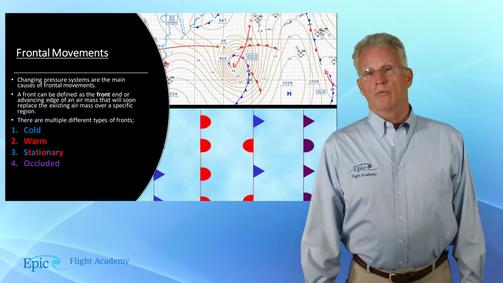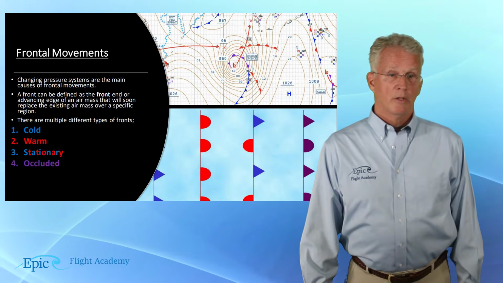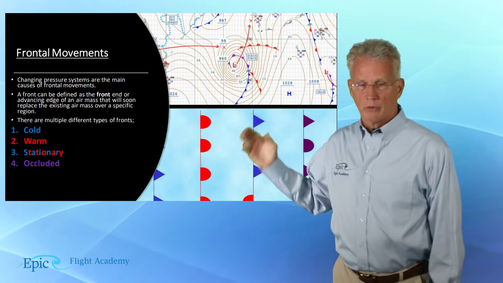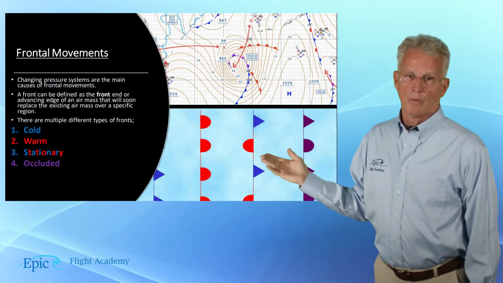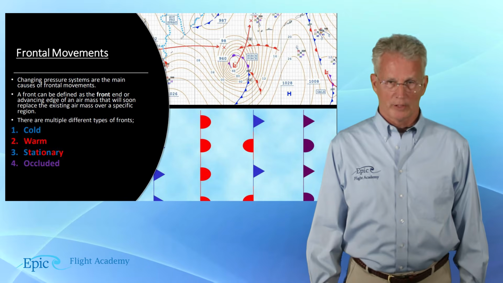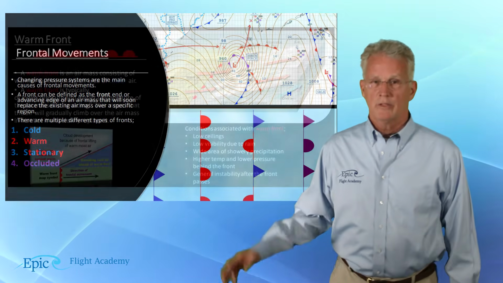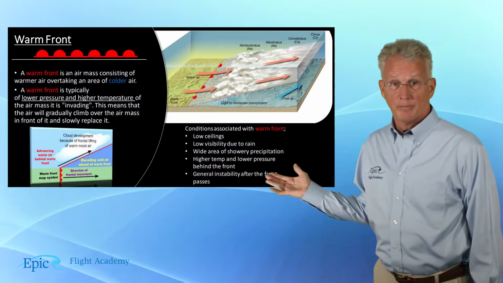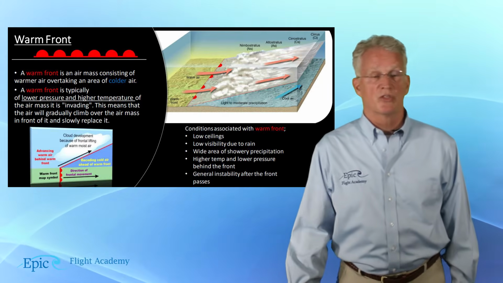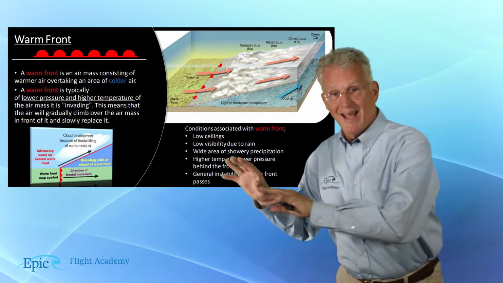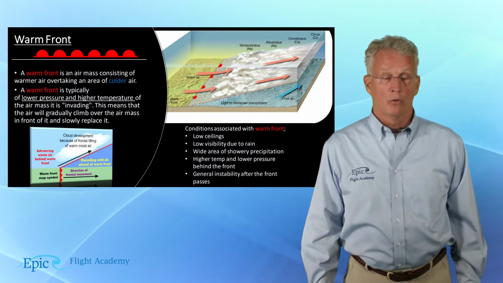So, you know from your earlier studies, there are primarily 4 different types of fronts, and we're showing those here. The cold front, the warm front, stationary, and occluded fronts. Here is a beautiful cross-section of a warm front. This is an air mass consisting of warmer air overtaking an area of colder air.